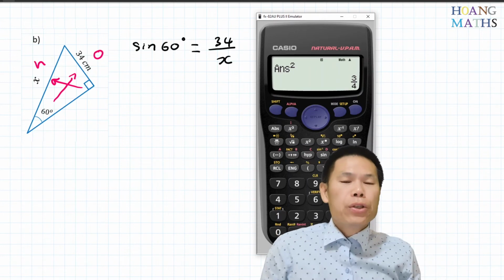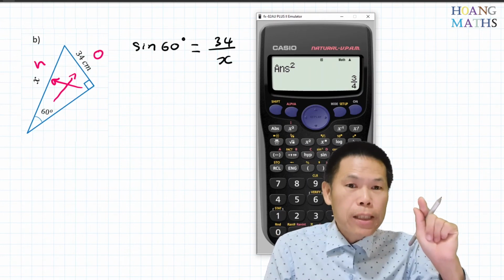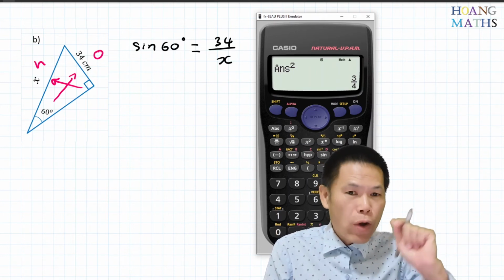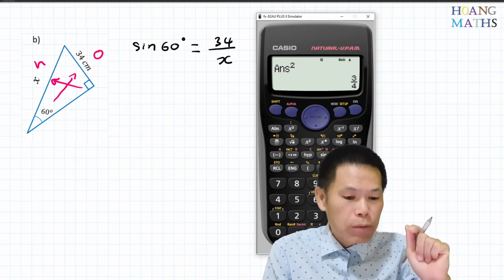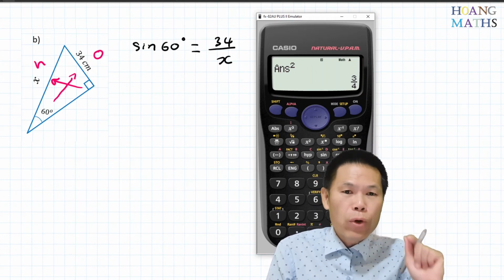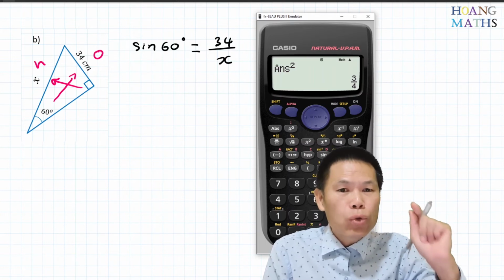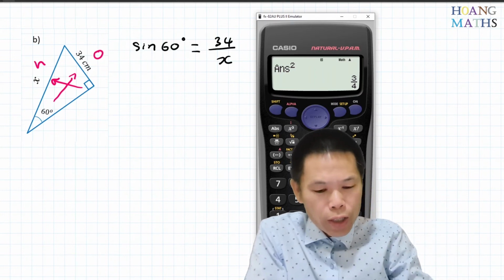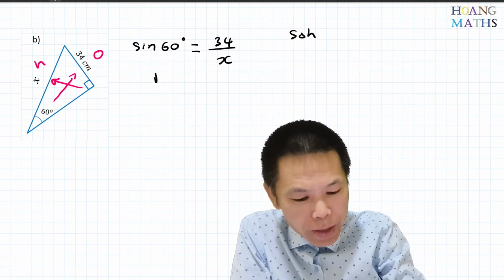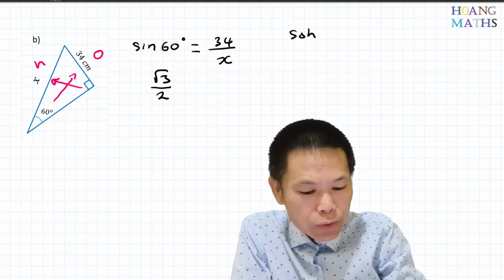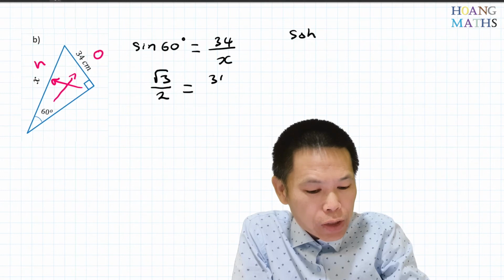There you go. So sine squared of 60 is 3/4. So therefore, I square root both sides. That means sine of 60 must be square root of 3 over square root of 4. Again, square root of 4 is 2. So therefore, the answer is root 3 over 2. So sine of 60 is root 3 over 2. And this one, I just copied that out over x.